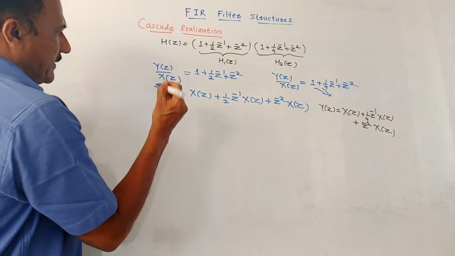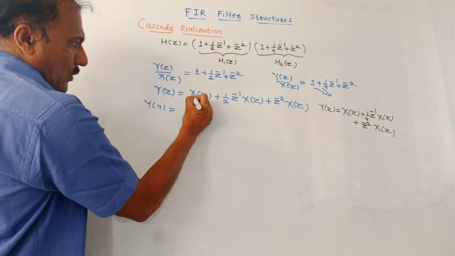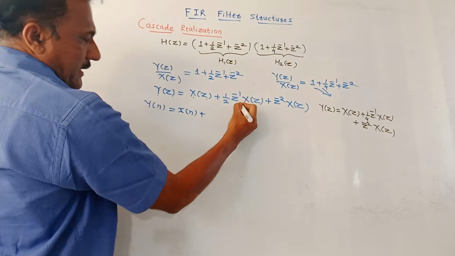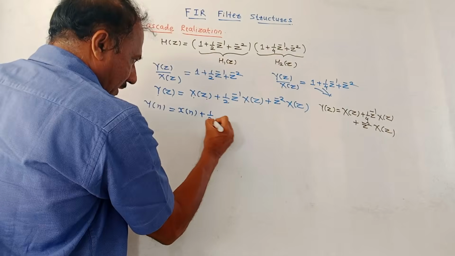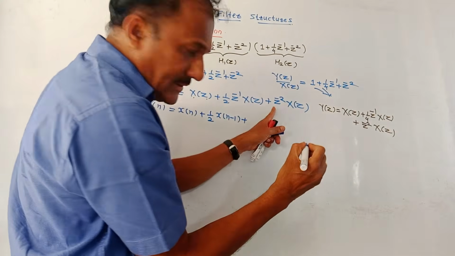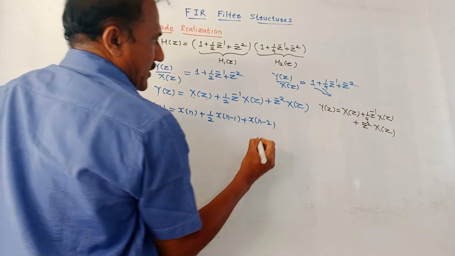So after taking inverse Z, Y(Z) becomes y(n) is equal to x(n) plus 1/2 x(n minus 1), since Z raised to minus 1 X(Z) gives x(n minus 1), plus Z raised to minus 2 X(Z), which can be written as x(n minus 2).